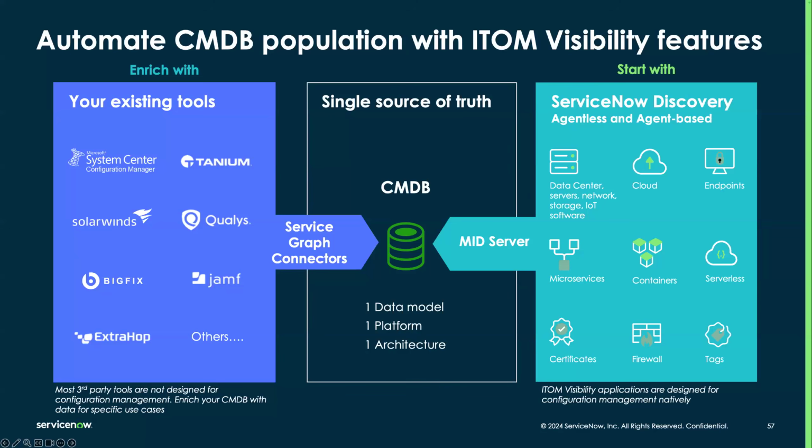You can also enrich your CMDB by leveraging the service graph connectors, although they have not been designed with configuration management natively in mind. So you should also think about that. But at the end of the day, you will still have one single data model, one platform, and one architecture. So one single source of truth, especially talking about the multi-source CMDB that we just mentioned there.